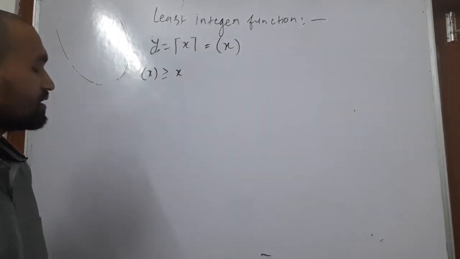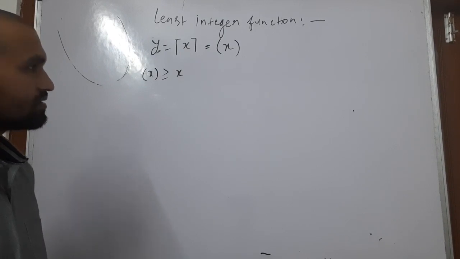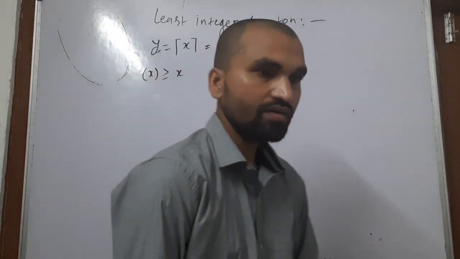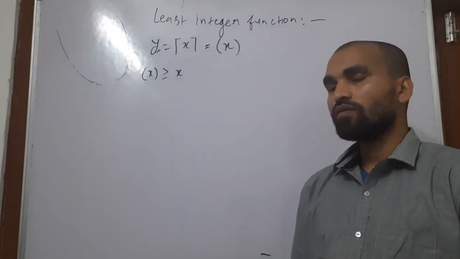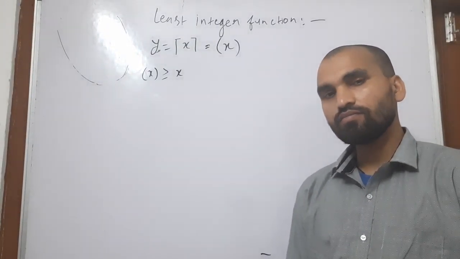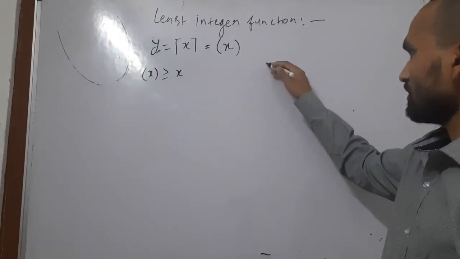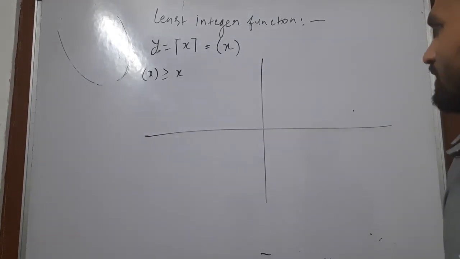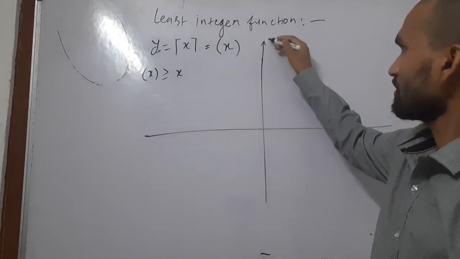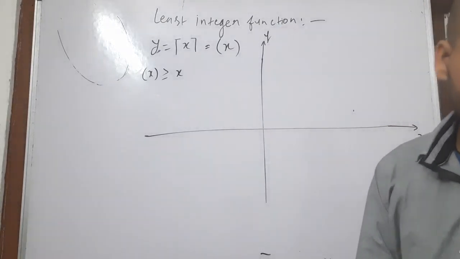Okay. Now let us discuss the graph of the least integer function. Before drawing the graph, we should find out the value of the least integer function in some different intervals. So let us draw the xy plane, the y axis and x axis.